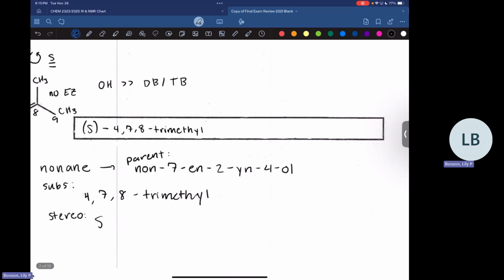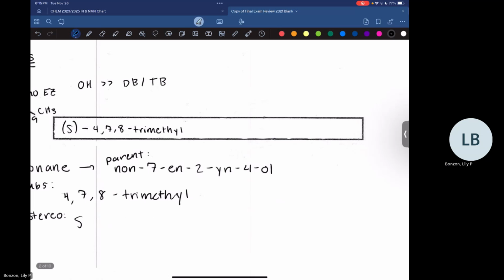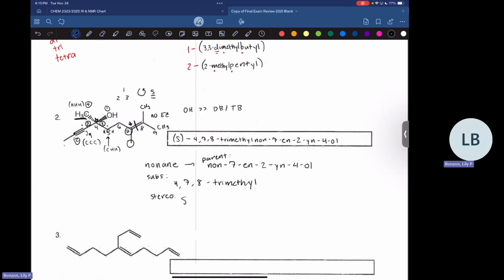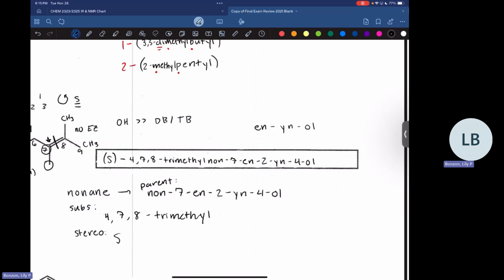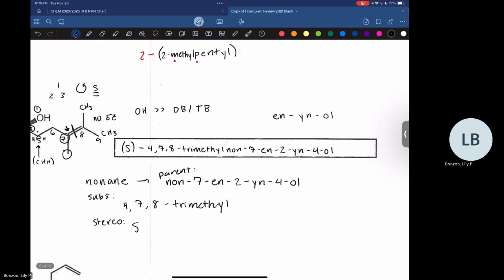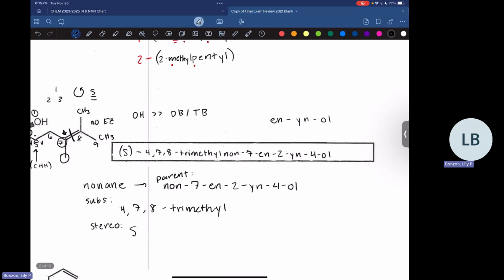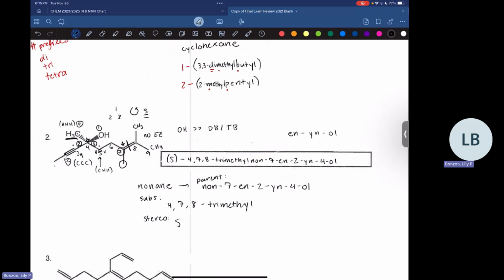And then we have our parent name. We have non-7-ene-2-yne-4-ol. So remember that for a parent name, the order is going to be ene, yne, and then ol. So make sure you keep it in that order. And that's going to be our nomenclature for that question.